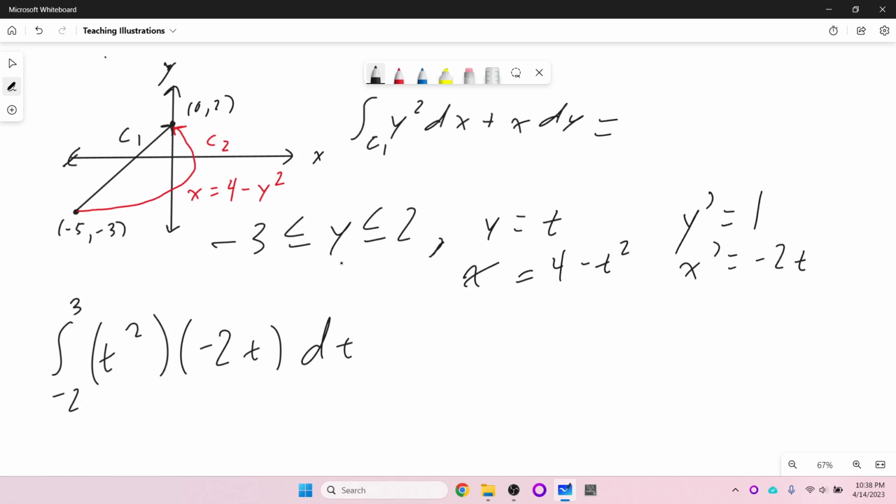In fact, we can write this y here as t as well. Plus the integral for x, which is 4 minus t squared, and then dy. Well, y prime is 1, so dy and dt are the same thing. Negative 2 to 3. Or negative 3 to 2.